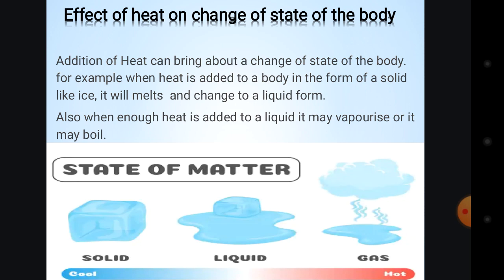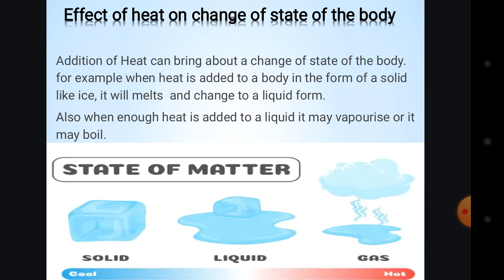So when you bring that ice and you put heat, or thermal heat, on it, if you start putting heat on it, it will start melting, and that melting will change it into a liquid form. It will go back to its original state.